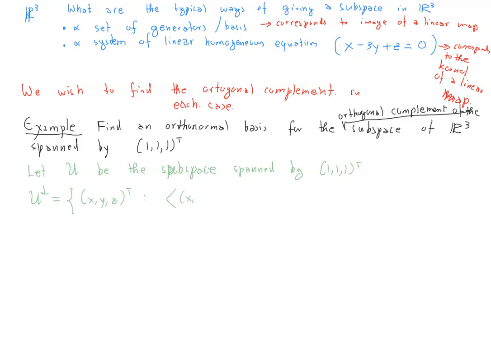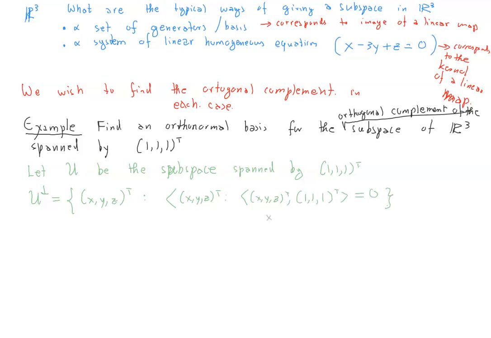So x, y, z such that the inner product of x, y, z with a generator 1, 1, 1 is equal to 0. Okay. And now what is the inner product of x, y, z with 1, 1, 1? The standard inner product.